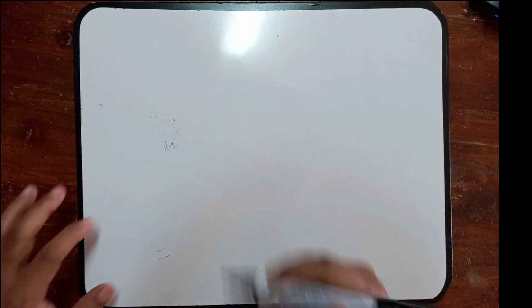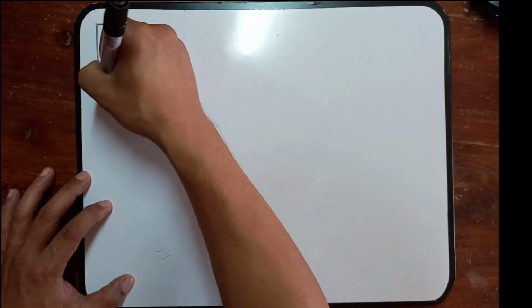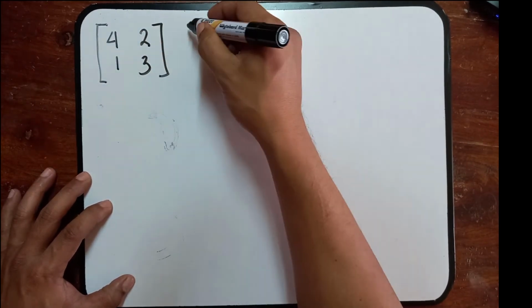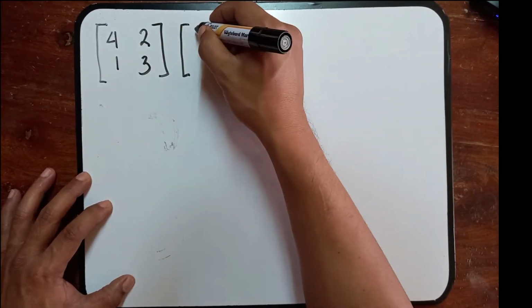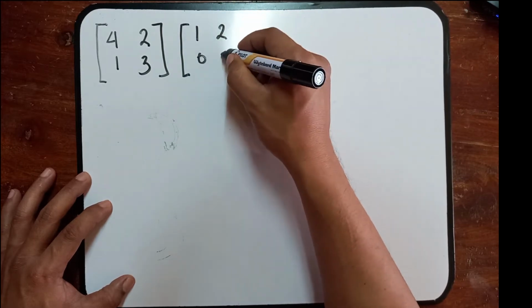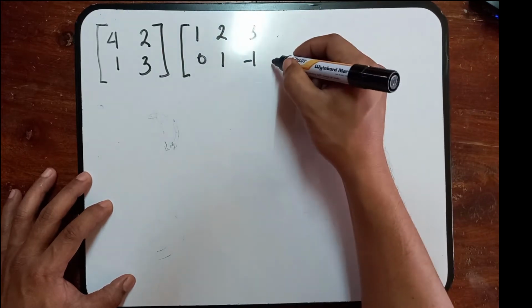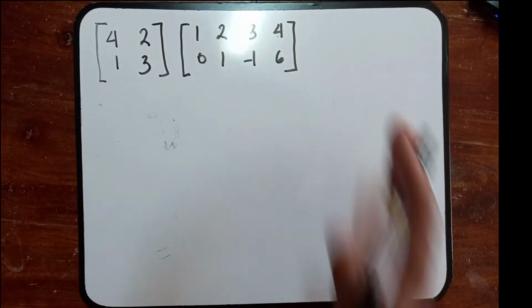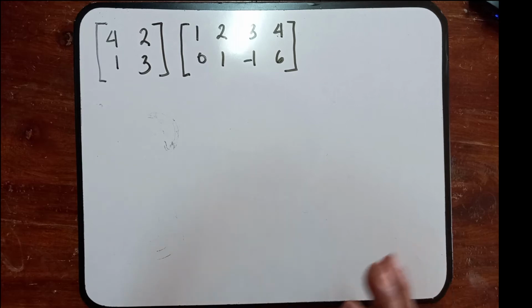This time we will multiply matrices. Let's perform the operation of how to do multiplication of matrices. Let's say this is the given. If these are the given matrices, the question is how we are going to multiply them.